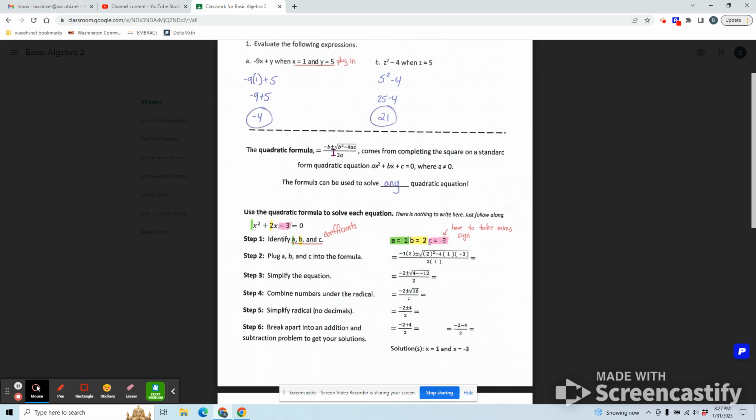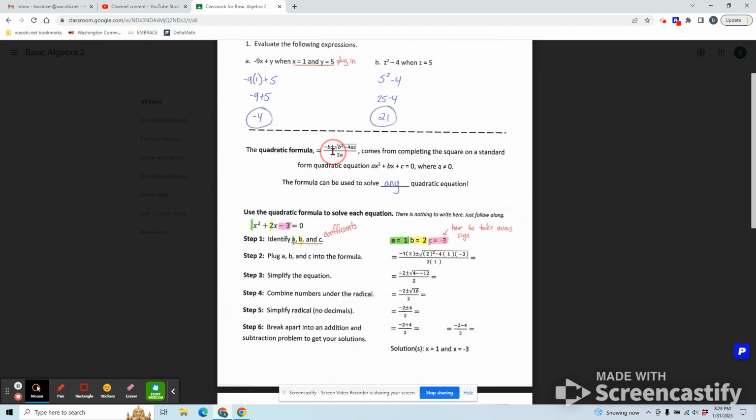It looks like a plus and a minus sign, because that's what it is. It's saying negative b plus or minus the square root of b squared minus 4ac. So that means we're doing minus 4 times a times c. And we're dividing all of that by 2 times a.